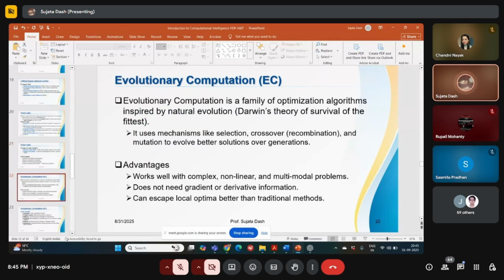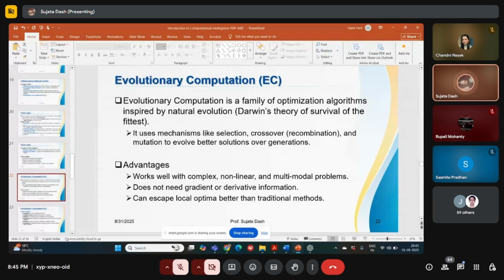And then let me take you to another computational intelligence tool, that is evolutionary computation. So evolutionary computation, as the name says, is a branch of computational intelligence. It draws inspiration from the principles of natural evolution and genetics.